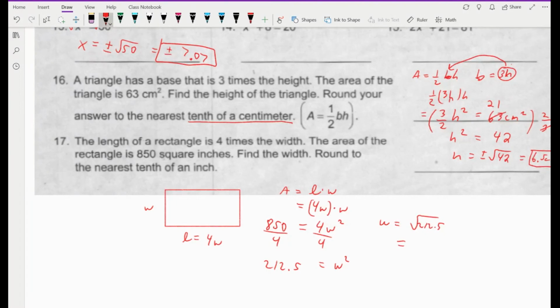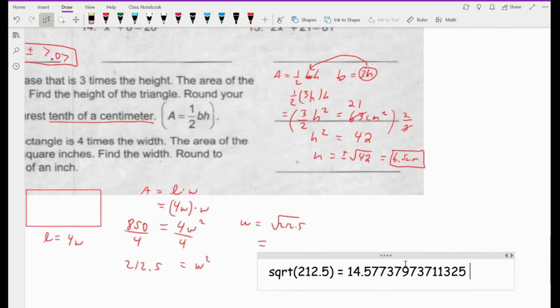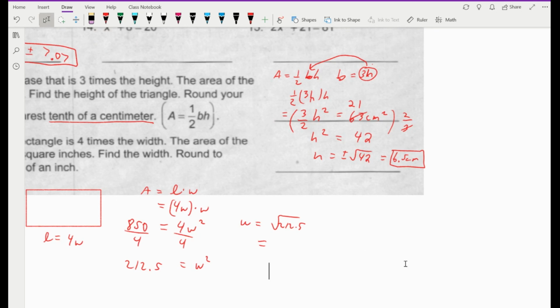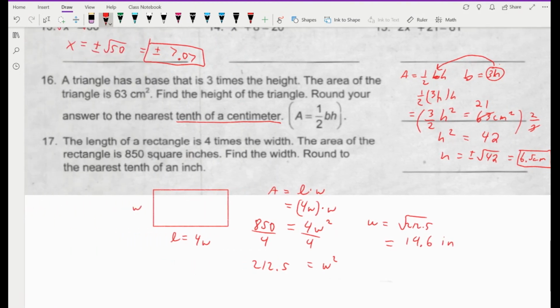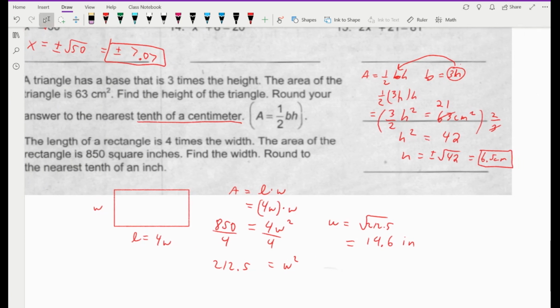And the square root of this, let's see, what would that be? Don't have my calculator with me, so I'll just type it in to Microsoft. About 14.6 inches, rounded to the nearest tenth of an inch.